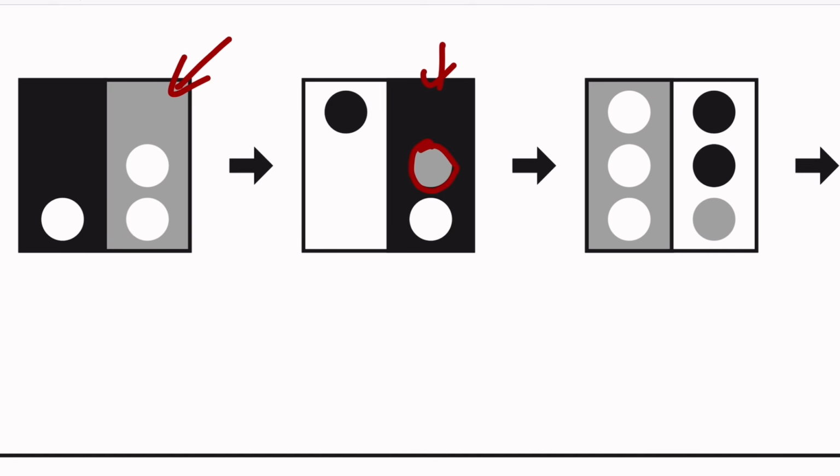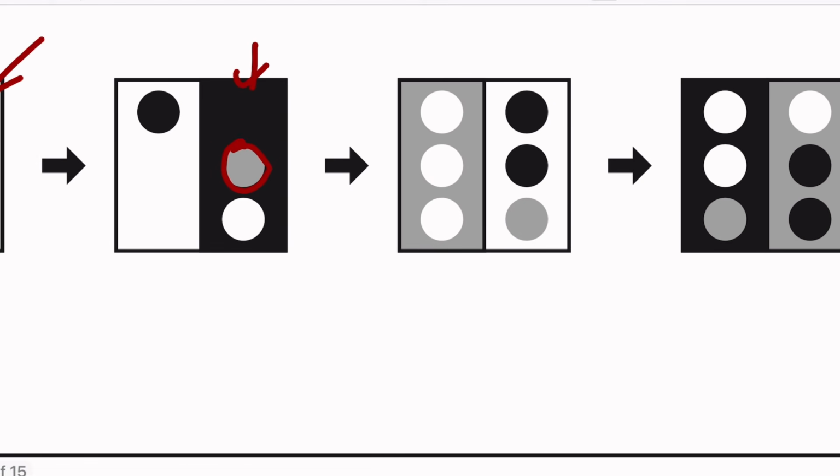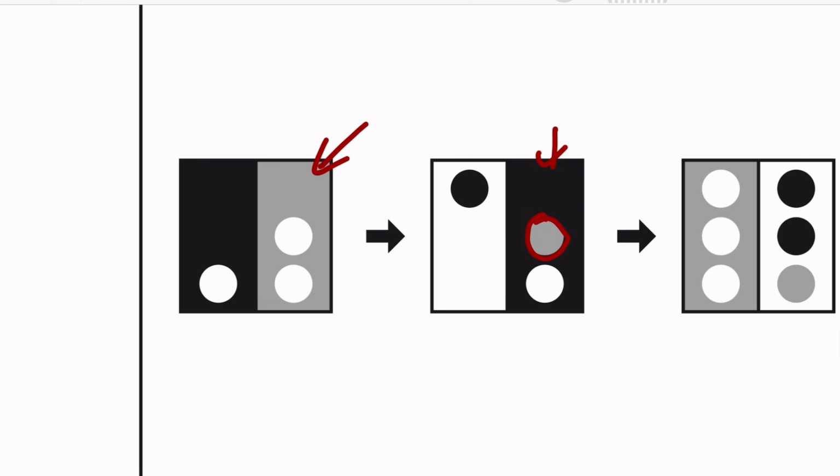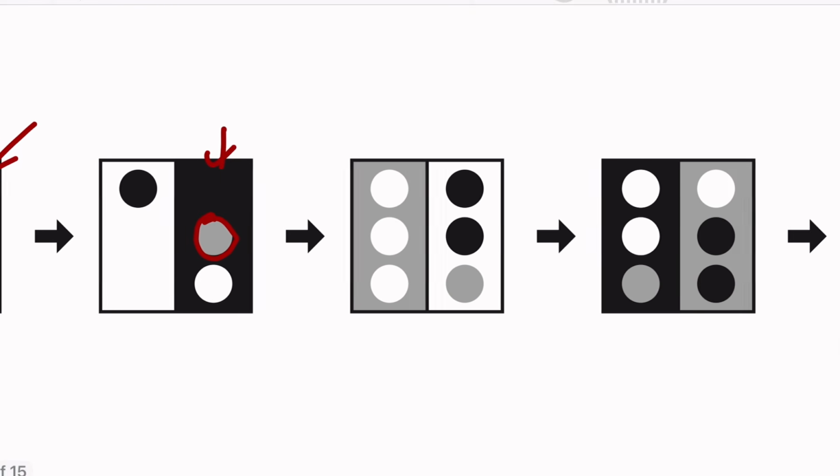So the gray one was here first, and then it moved over here. And then look here, it's supported again, this pattern, because it moves down once again. So we can correctly assume that this was originally the gray circle. We just can't see it because it's in the background of a gray rectangle, so it's covered by the gray rectangle.